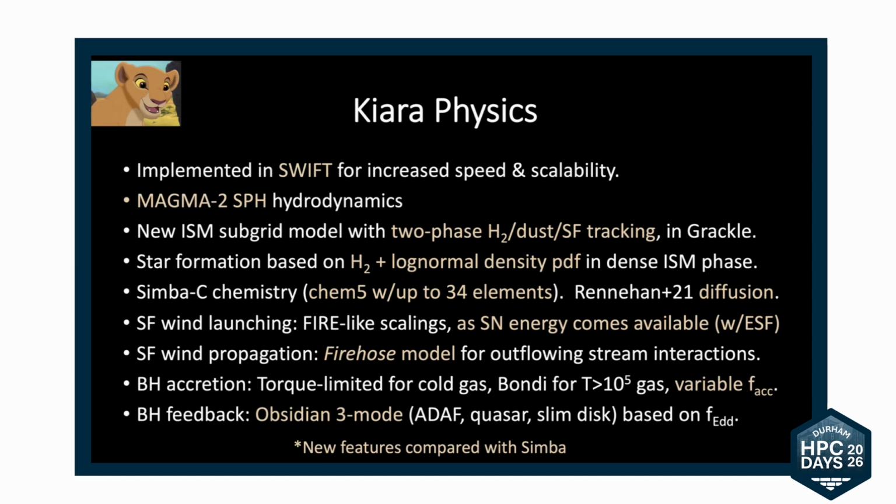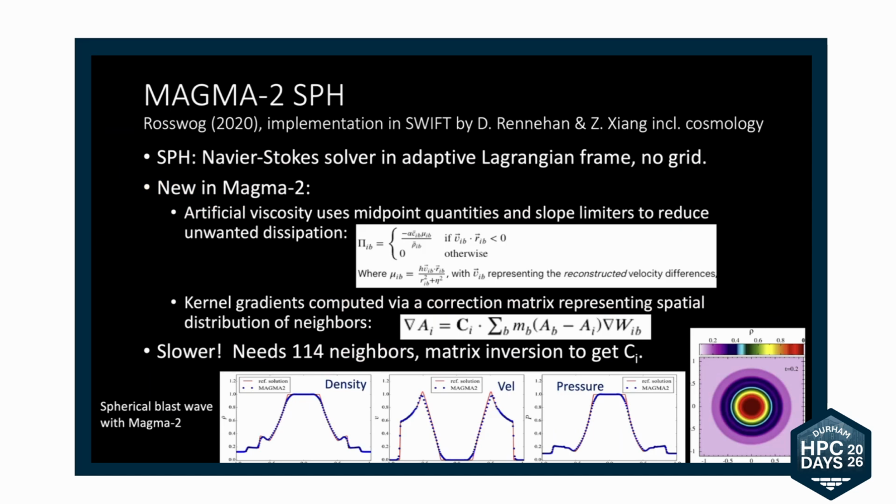Star formation, I won't talk about that too much, or chemistry. I'll talk a little bit about the star formation wind launching, which is another very novel aspect in Kiara, and the wind propagation with the so-called fire hose model. Pretty much everything has been touched from Simba, so essentially we have a new code called Kiara that is a big step forward in terms of the input physics.